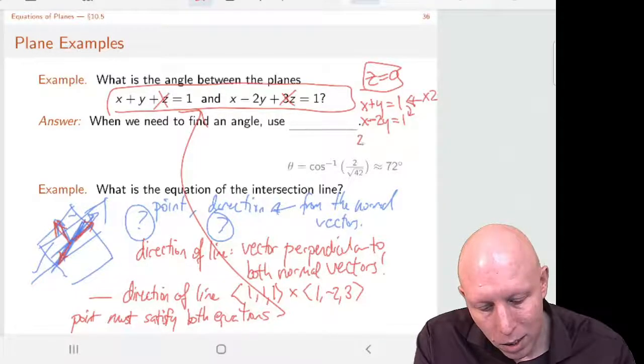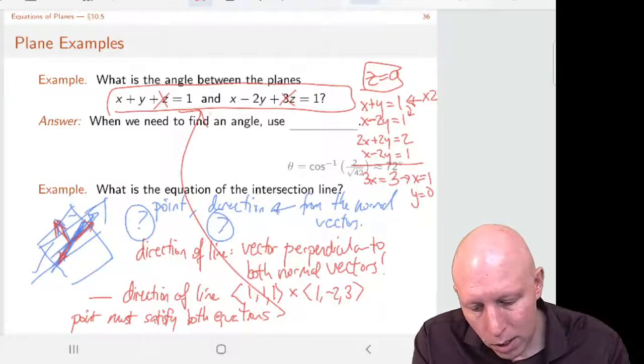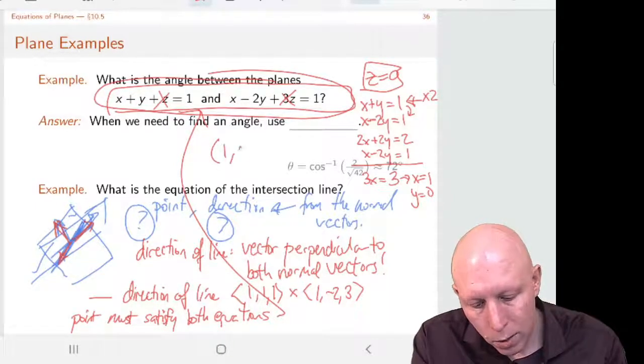So what do I get? I get 2x plus 2y is equal to 2. x minus 2y is equal to 1. If I add those two together, I get 3x is equal to 3. x is equal to 1, and so y is equal to 0. So this plane goes through the point (1, 0, 0).